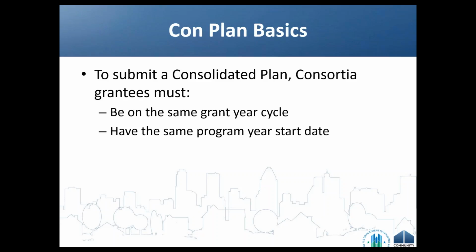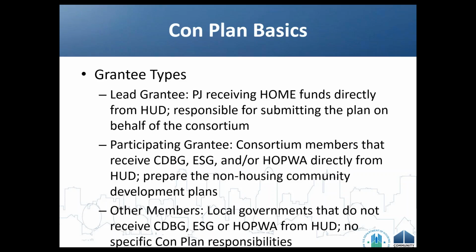So as we're talking today, we'll be talking about a couple of different grantee types, and just want to put those definitions out there so everyone is comfortable with what we're talking about today. The lead grantee, this is the PJ who is receiving the HOME funds directly from HUD.